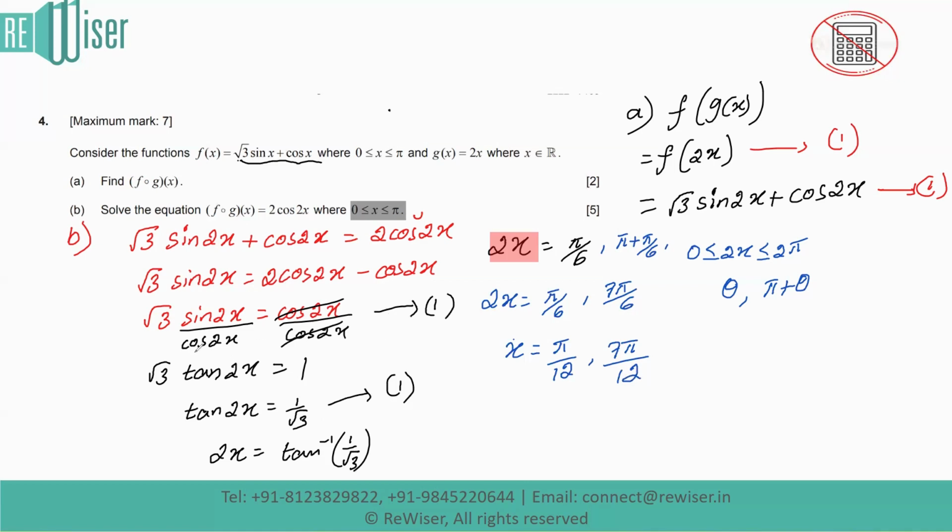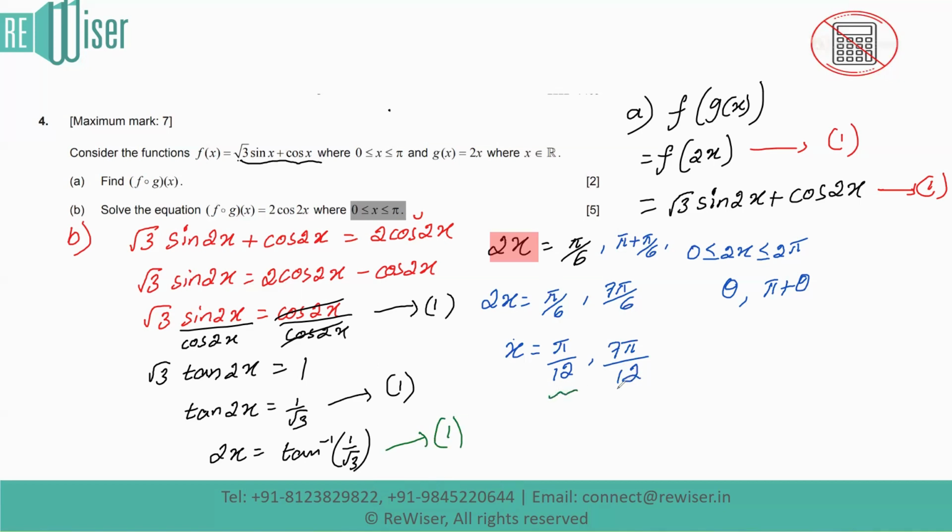Instead of dividing by cos 2x, if you had divided by sine 2x, you would have got cos over sine, which is cot. Even if you get a cot expression, that's still correct. So this would carry a second mark. And getting the first answer, pi by 6, showing up this particular step, would carry another mark.